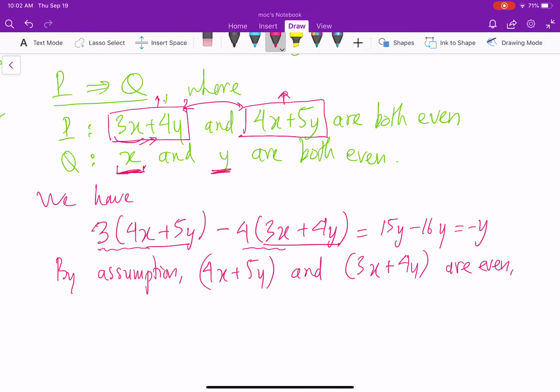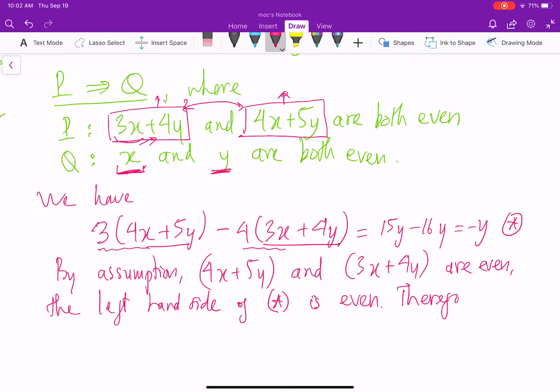So the left-hand side of the starred equation is even. Therefore, negative y is even. Hence, y is even. By doing so, we show that y is even.